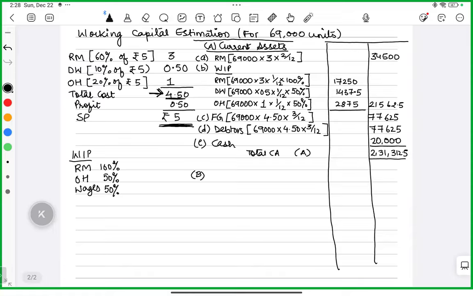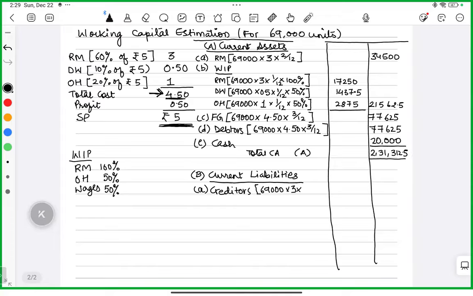Now part B of this question, where we find out current liabilities. In current liabilities, the first one is creditors. Now we are going to make 69,000 units. Now what do we buy from creditors? So we buy raw materials from creditors, and raw material per unit is rupees 3.